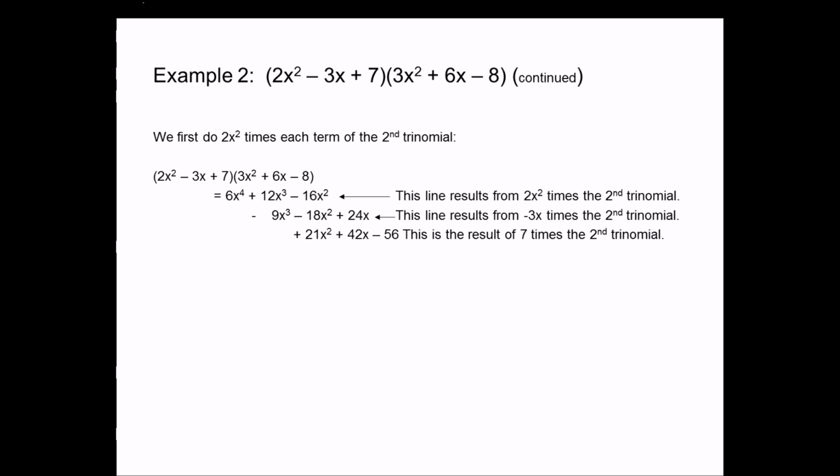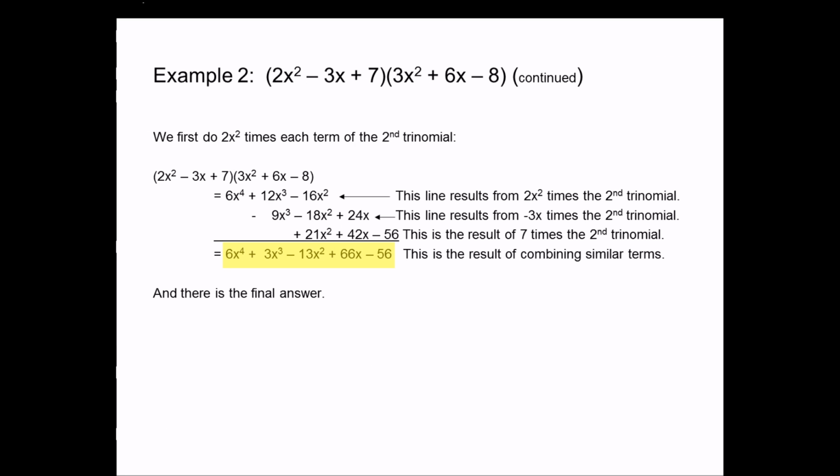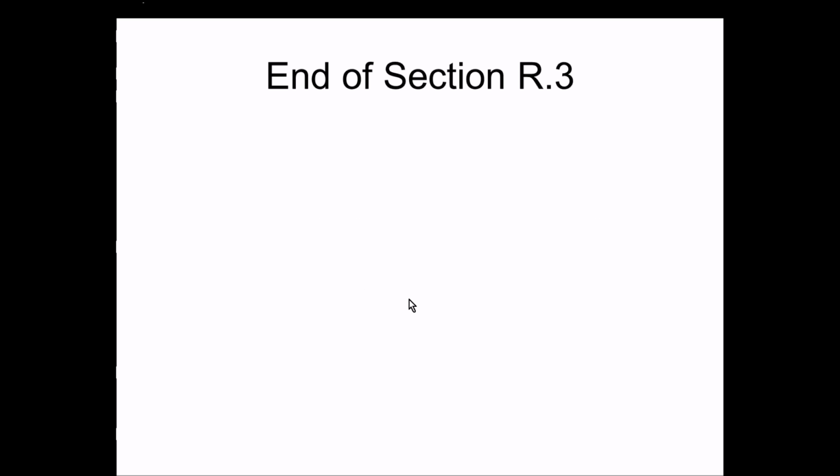And now we're getting ready to combine similar terms. So 6x to the fourth plus 3x cubed minus 13x squared plus 66x minus 56. Now again, just be very careful with lining up your powers of x. Don't make any careless arithmetic errors. And that's the end of section R.3.